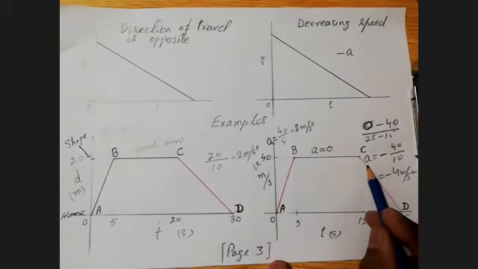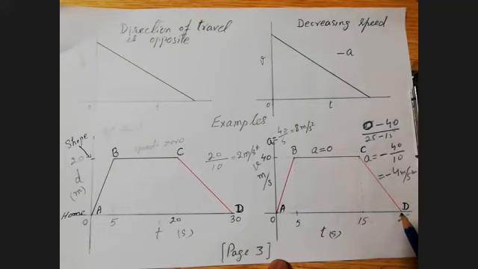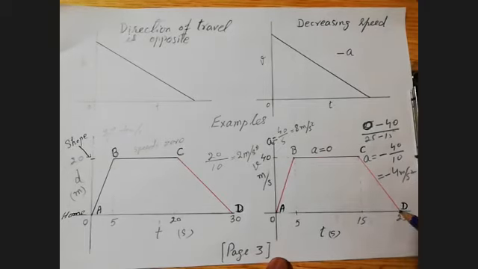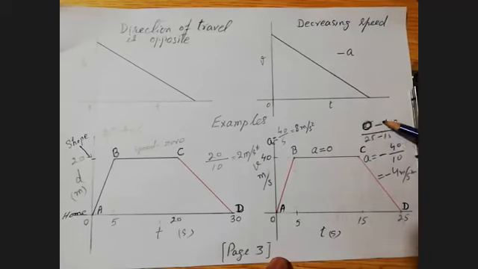I told you that this negative acceleration is called retardation or deceleration. Because in this section the final velocity is 0. This 25 is for the time. At the 25th second the final velocity has become 0. So that is why the final velocity, which is 0, minus the initial velocity.